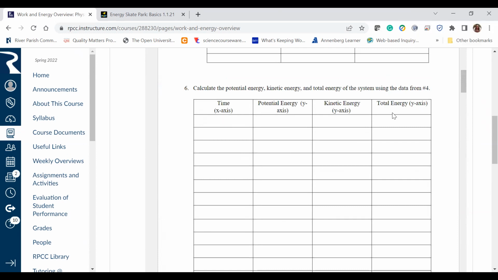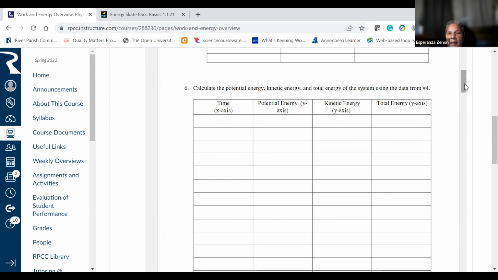This and this and this go on the y-axis. So you're going to have 3 separate lines on the graph. One for potential energy, one for kinetic energy, one for total energy. All 3 of these get plotted on the same graph with time on the horizontal, and each one of these gets plotted separately on the vertical, but all on one graph.